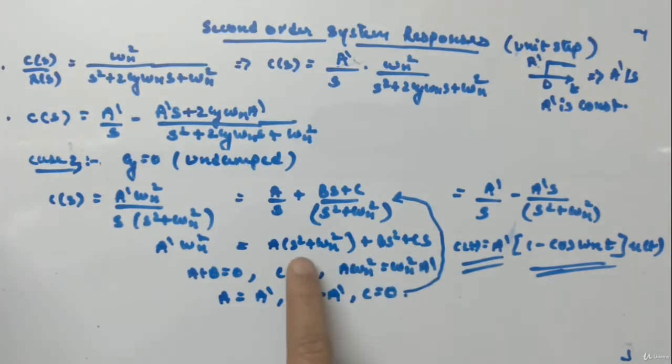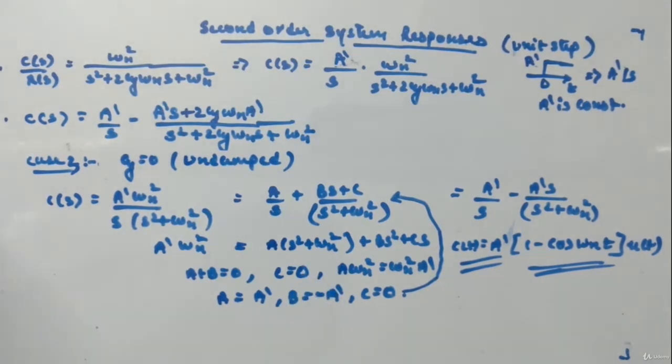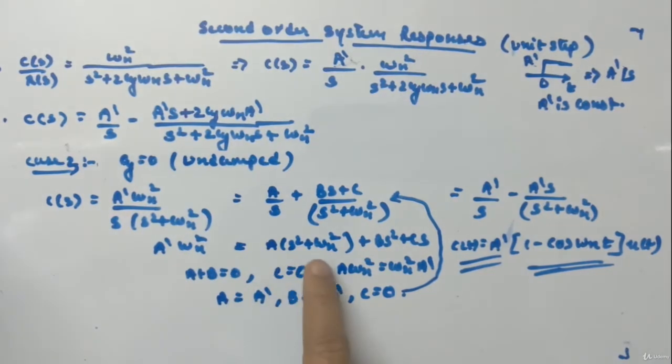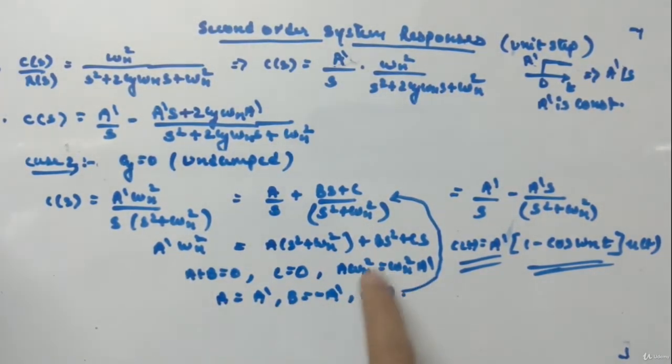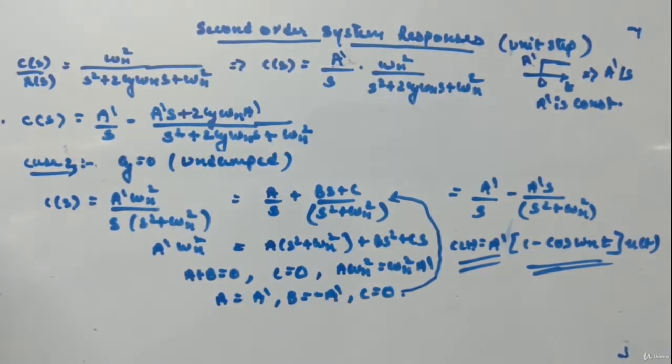Coefficient of s is c, which is equal to 0, and the constant coefficient, a omega n square, is equal to omega n square a dash. Omega n square gets cancelled. A is equal to a dash, b is equal to minus a dash, and c is equal to 0.